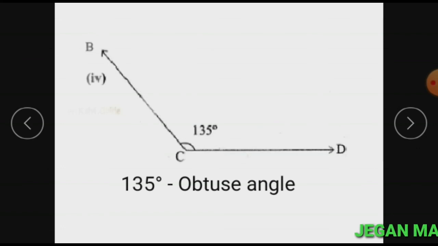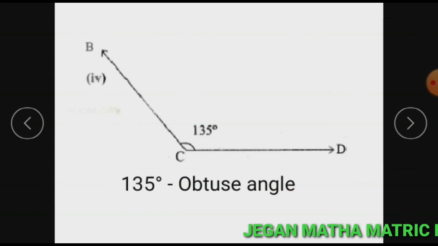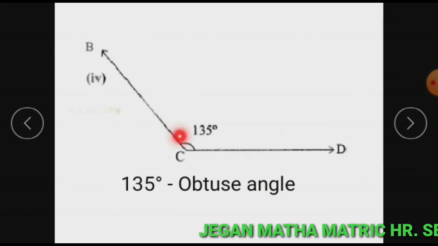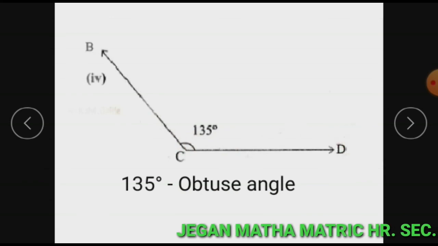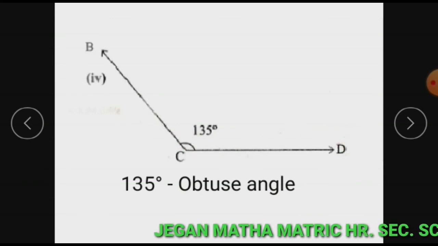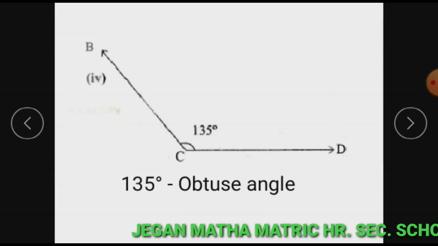The given angle is 135 degrees. 135 is greater than 90 degrees, so it is an obtuse angle. Now we draw the figure BCD with angle 135, an obtuse angle.